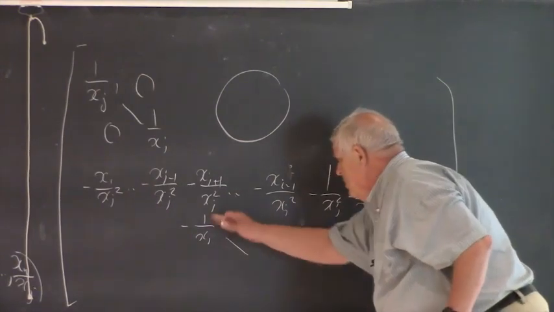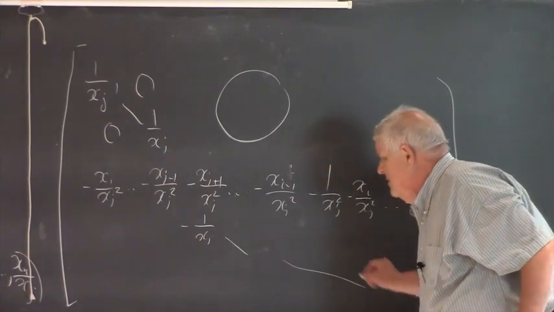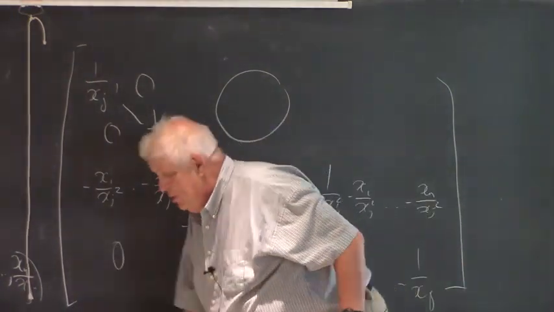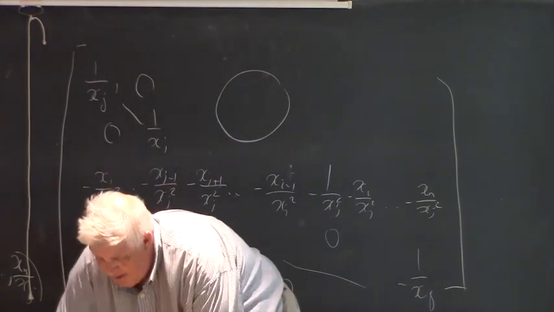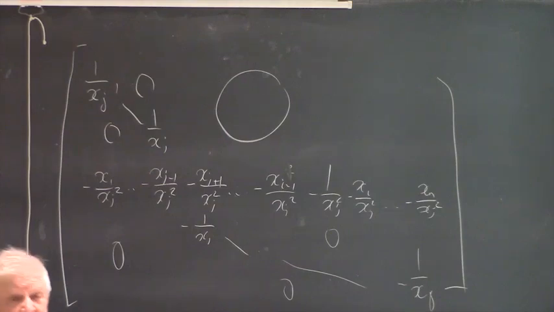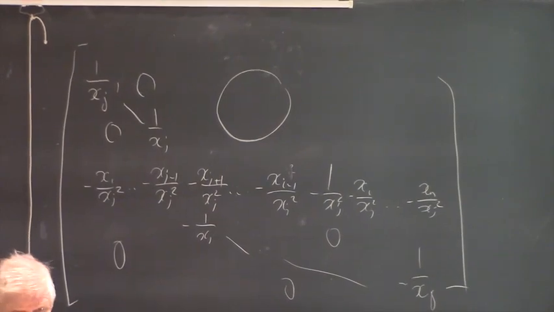So this is maybe not, because this should be also diagonal. This is the Jacobian matrix. Now probably you are able to compute the derivative of this, the determinant of this.